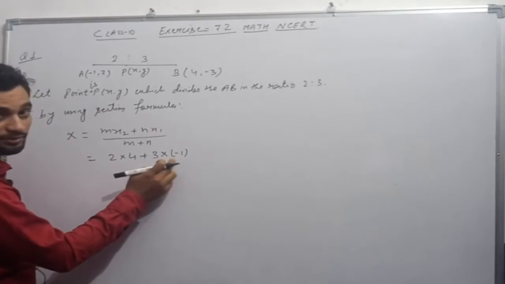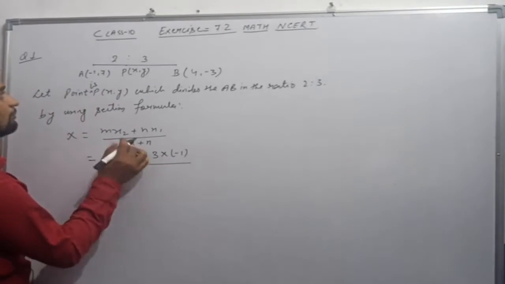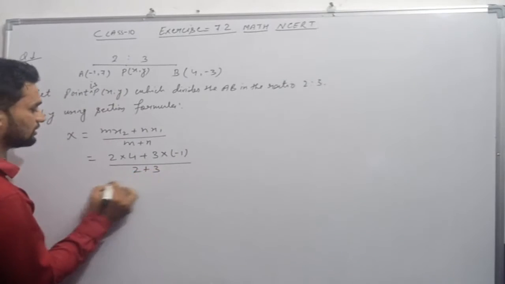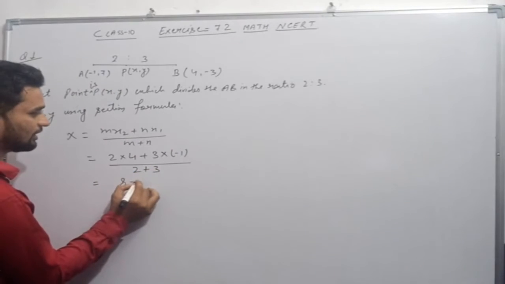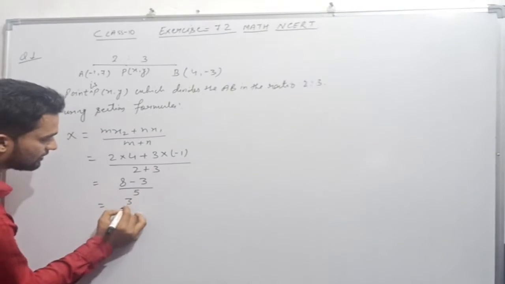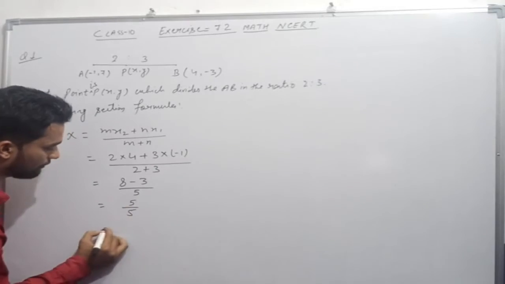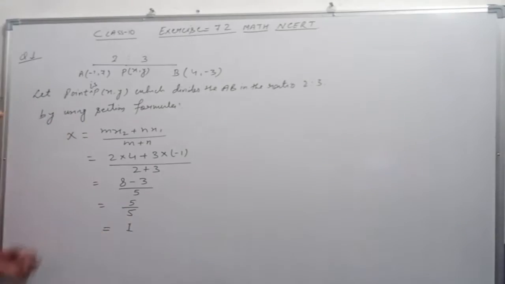Whenever two signs come together, you have to write the second number in a small bracket, and m plus n is 2 plus 3. So this will be 8 minus 3 upon 5, which is 5 upon 5, equal to 1. This is the value of x.